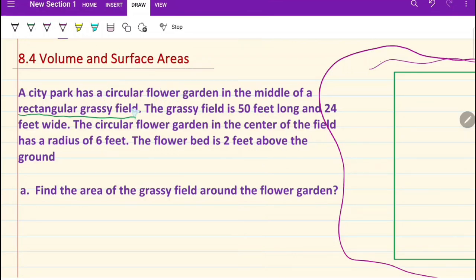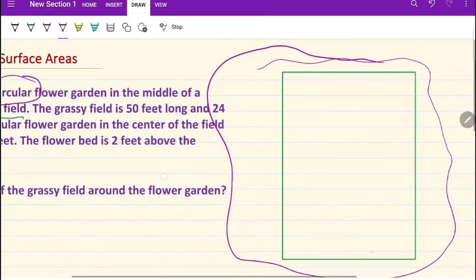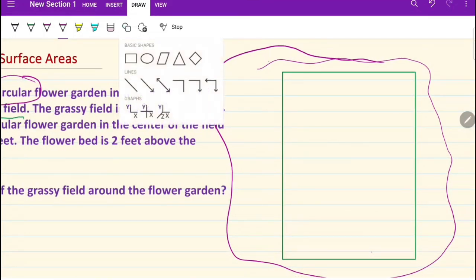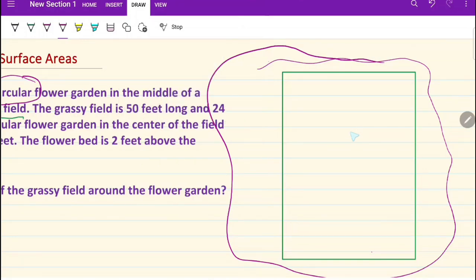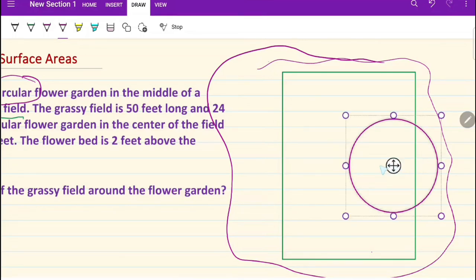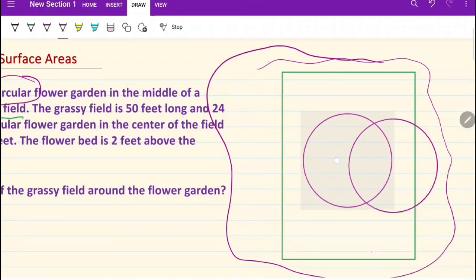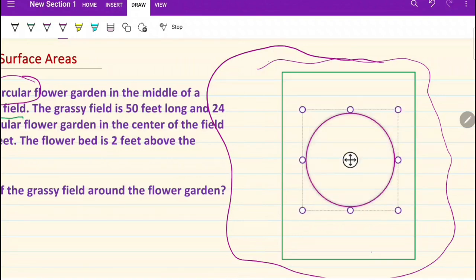So there is a circular shaped flower garden inside the rectangle, in the middle of the rectangle. So let me pull up the circle and try to draw a circle here. Right, so here's our circle, and let me pull that inside the rectangle.